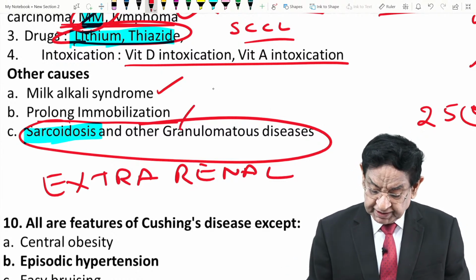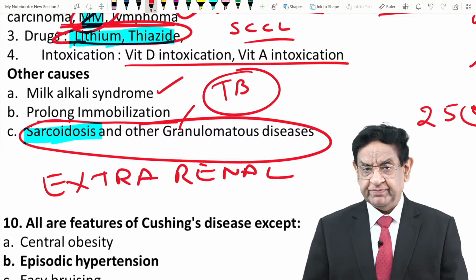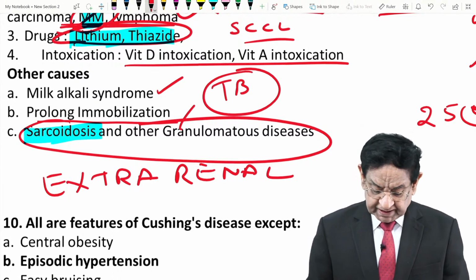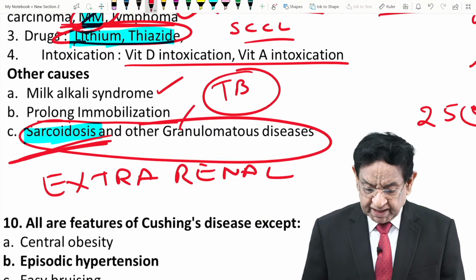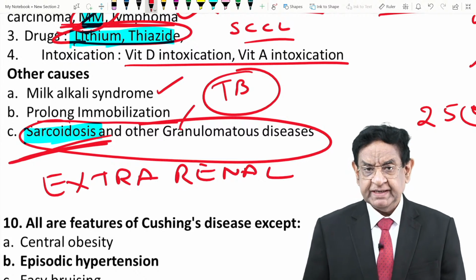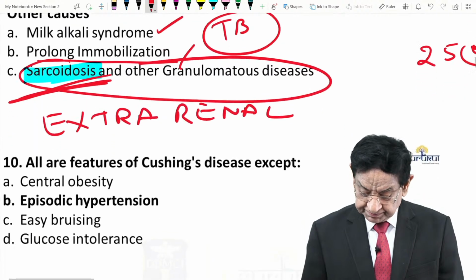This is true for conditions like tuberculosis also, because tuberculosis is again a type of granulomatous disease, but classically in the exam they always talk about sarcoidosis, but at the back of the mind you know that this can happen in any of the granulomatous diseases.